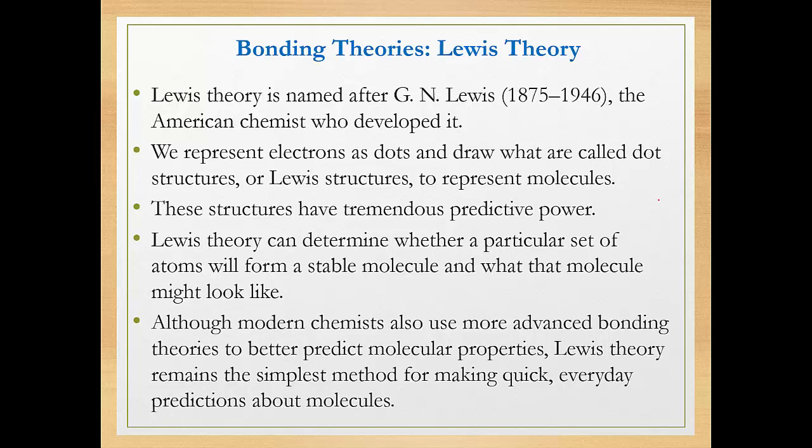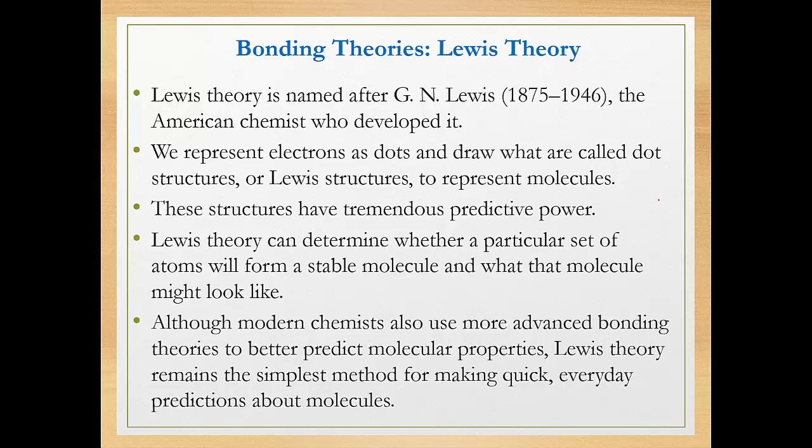Modern chemists have much more advanced bonding theories to refine this idea, to better predict molecular properties, but Lewis theory, as basic as it is, remains the simplest method to make a quick and dirty back-of-the-envelope prediction about particular molecules.